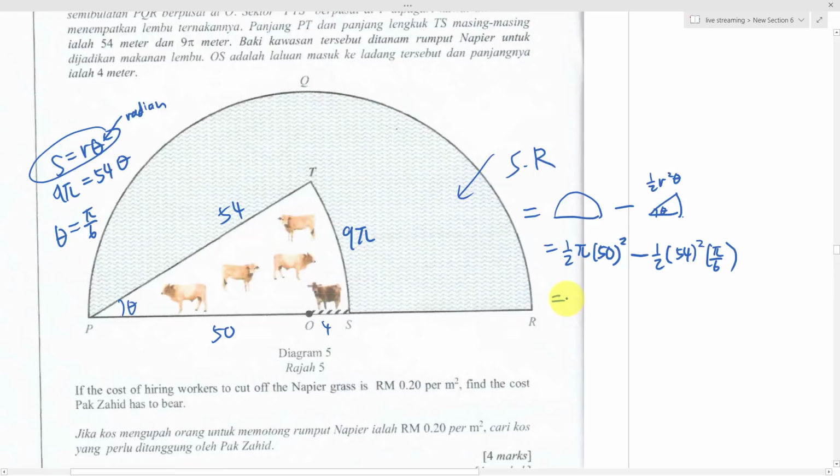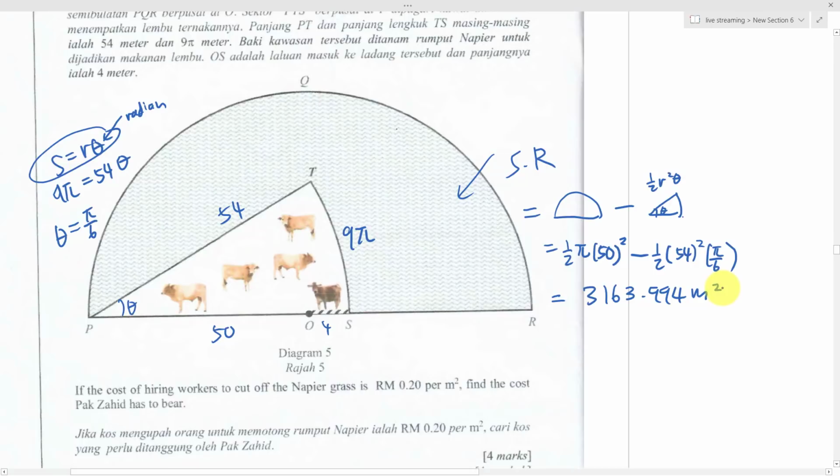So remember to use 3.142: 3.142 times 50 squared minus 1 over 2 times 54 squared times 3.142 divided by 6. Okay, I get 3163.994 meter square.